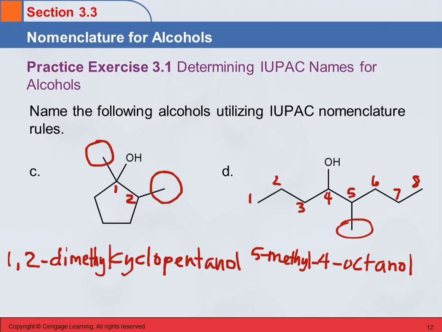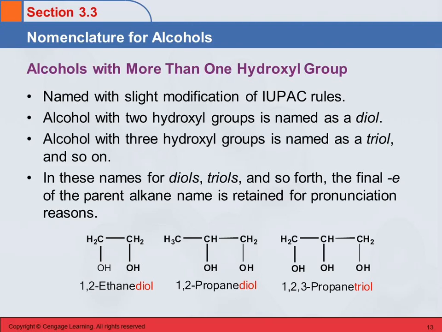Any questions about naming these alcohols? So we can have more than one hydroxyl group on an alcohol. And to do these, we just have a slight modification of the rules. So an alcohol with 2 hydroxyl groups is called a diol. So we put a little prefix in before the suffix. You like that?